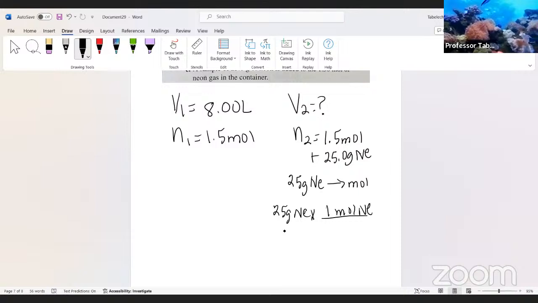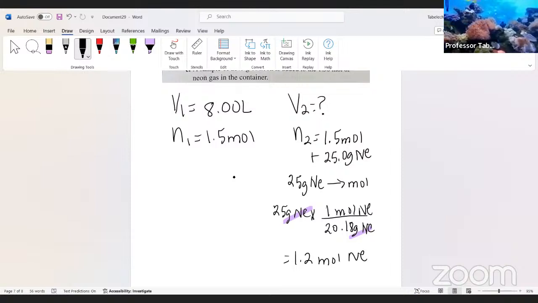And on the bottom, I'm going to look at my periodic table and know that the molecular weight for neon is 20.18 grams. Okay? So again, we're going to cross out our grams of neon, but we're going to divide those two numbers. So we're going to say 25 divided by 20.18, and that gives us 1.23. And since we only need 2 significant digits, we're going to say 1.2. So that's 1.2 moles of neon.